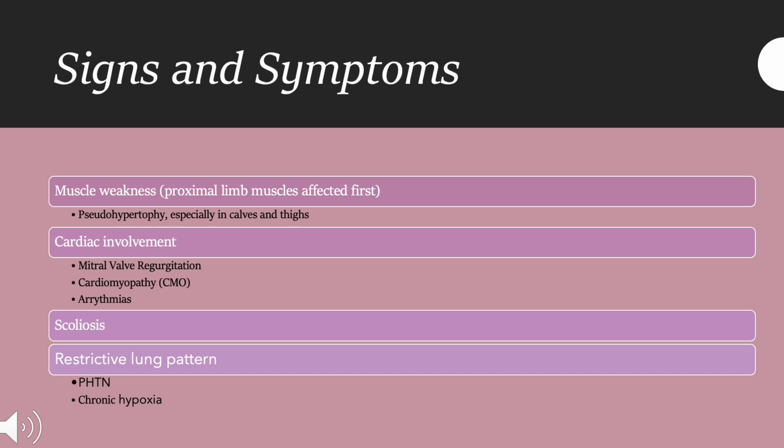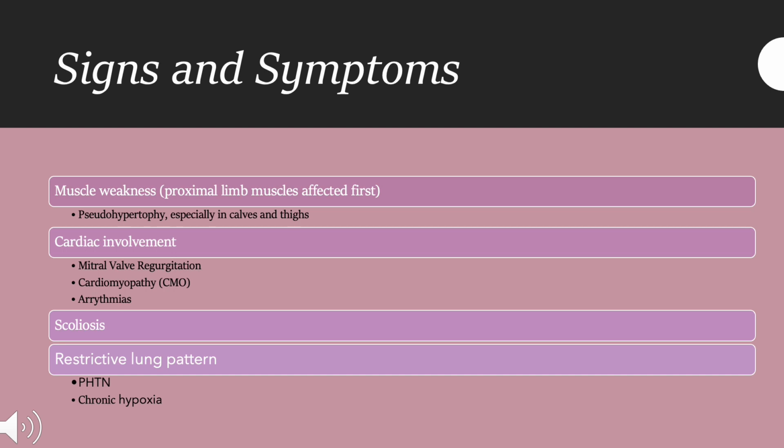Duchenne's patients can have dilated cardiomyopathy, arrhythmias, especially arrhythmias related to conduction delays, and valvular dysfunction. The most common valvular problem is mitral valve regurg, and that's related to failing papillary muscles. Cardiac symptomology increases as cardiac myocytes weaken and get more fibrotic.